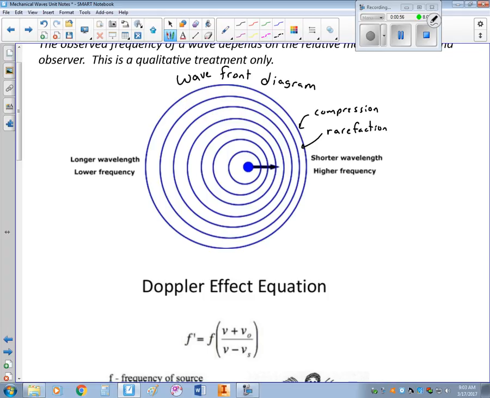So we can use these for sound. I can also represent the compression with the peak or the crest of a wave, and then the rarefaction as a trough. So I can represent a longitudinal wave as a transverse wave or a sine curve if I want.